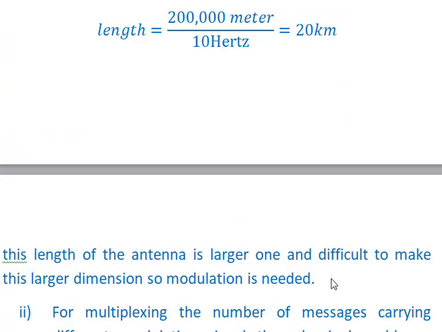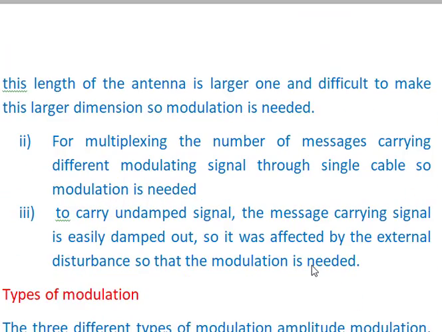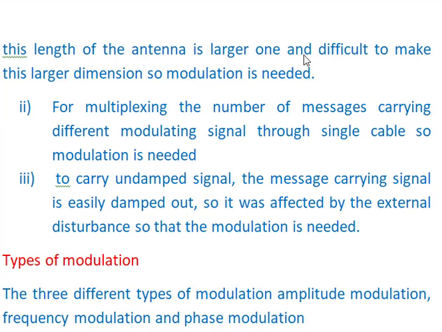But the length of the antenna is large and it is difficult to make this large a dimension. So we need modulation. Another point, for multiplexing. What is multiplexing? A number of different messages should be passed through a single cable.